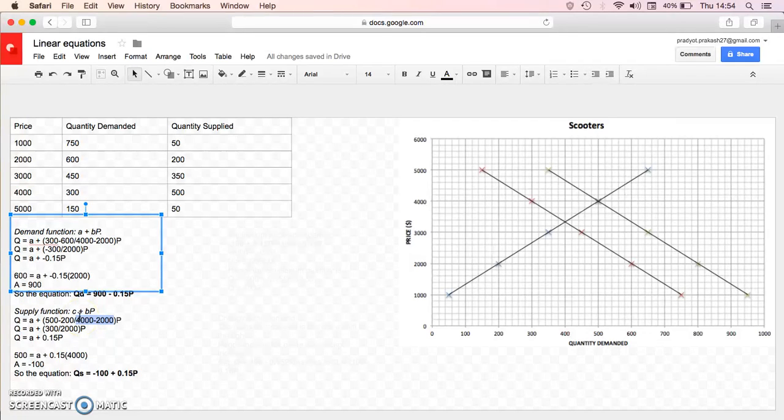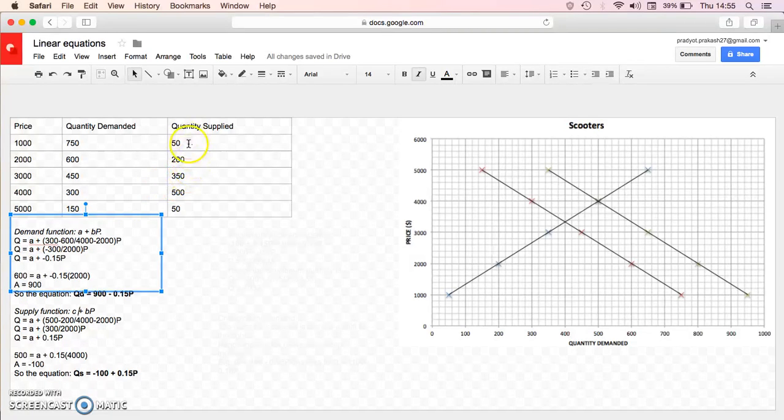Now we do the exact same thing with the supply function, where C plus BP equals the quantity supplied. I'm going to explain what these values mean. Essentially it's the same thing. C is the point where our line intersects the x-axis, B is once again the slope of the line, and P is the price. So we do the same thing that we just did before.